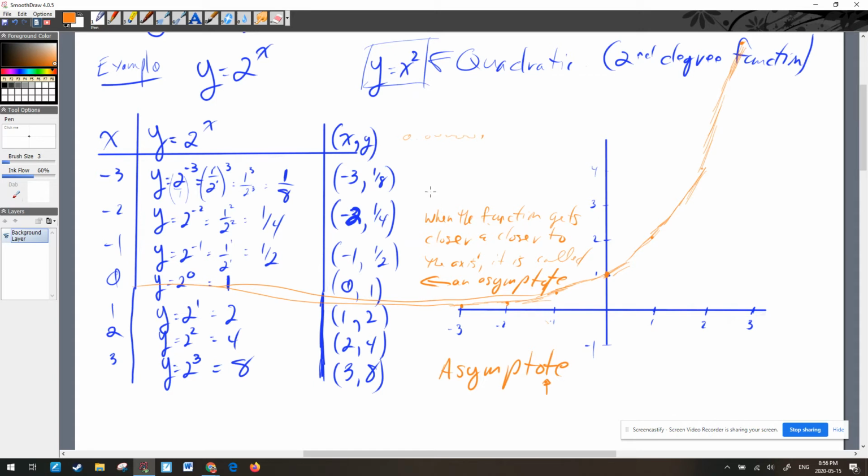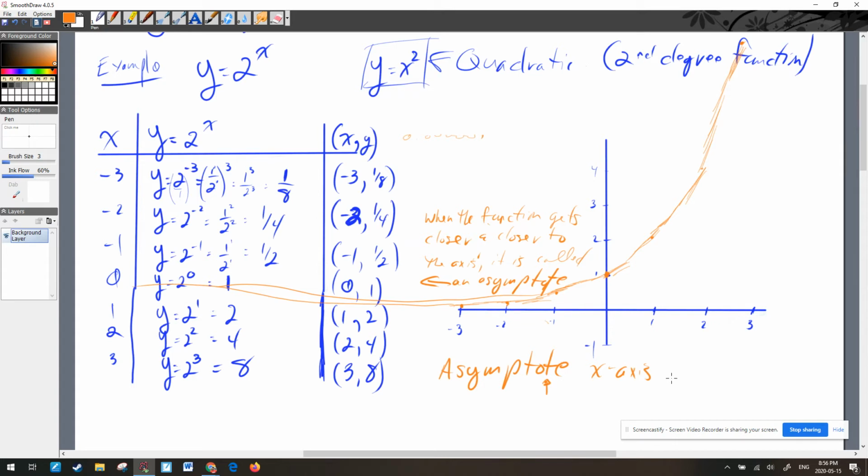And every exponential equation that we're going to play with, so when the exponent is a variable, is going to have an asymptote in it. Now, the asymptote for this particular one is the x-axis. So the asymptote's equation, and I know I'm pouring a lot of things on you right now all at once, but the asymptote here is the x-axis.